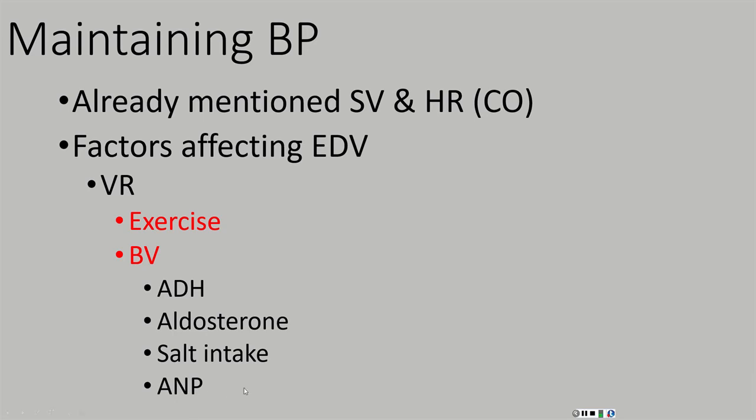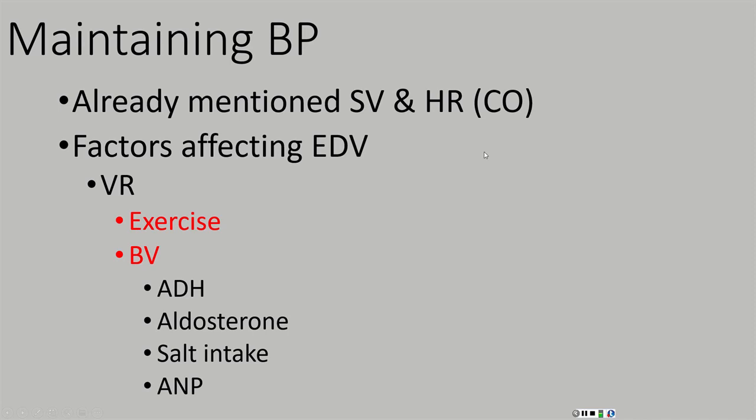But ANP blocks the effects of aldosterone, which means we do not reabsorb as much water. So more water leaves in the urine. Our blood volume drops. So as ANP is increased, blood volume is decreased. Venous return is decreased. End diastolic volume is decreased. Stroke volume is decreased. Cardiac output is decreased. Blood pressure is decreased.